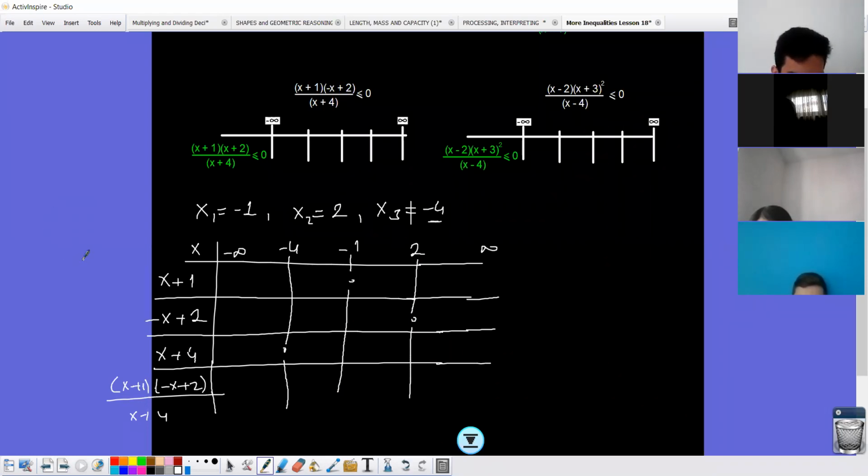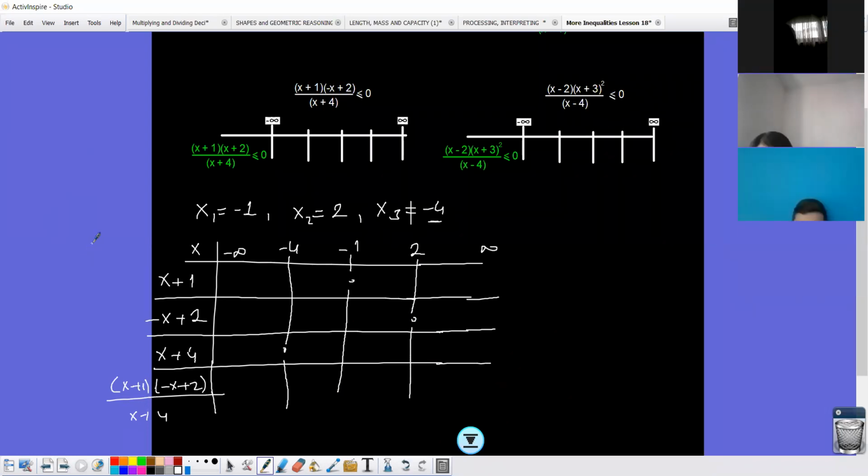The dots will be filled because it is less than or equal to. This one will be filled and this one will be filled because these two can make it 0. But this one cannot be filled. This is empty, because x cannot be minus 4. Did we understand? Yes, okay.